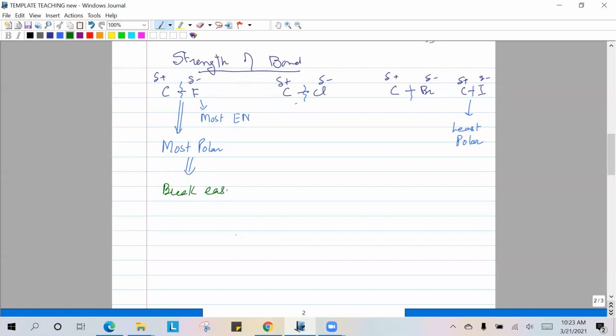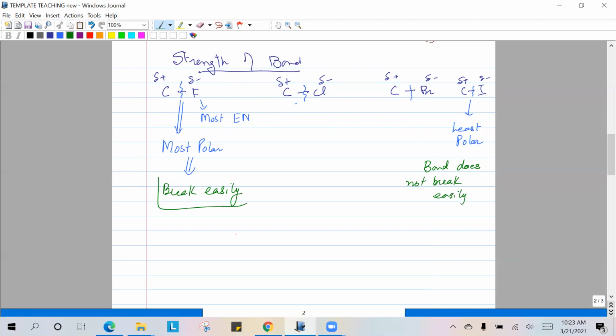While over here it is least polar, that means the electron density is being shared and they want to stay together. So the bond does not break easily.